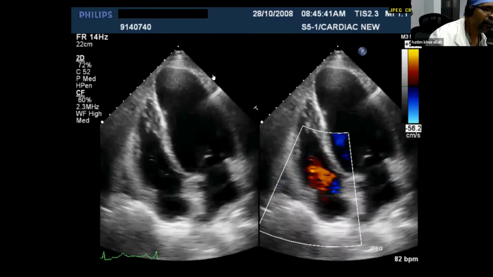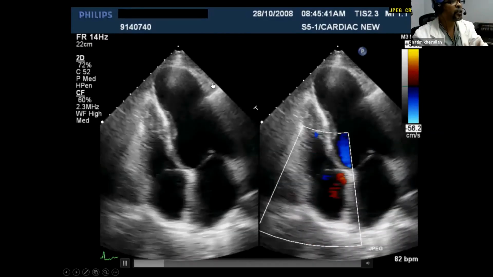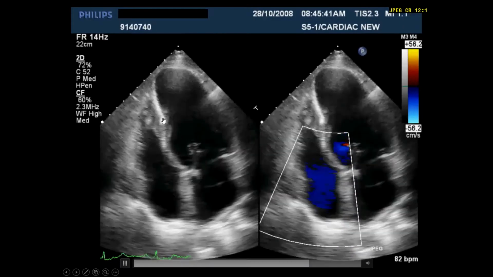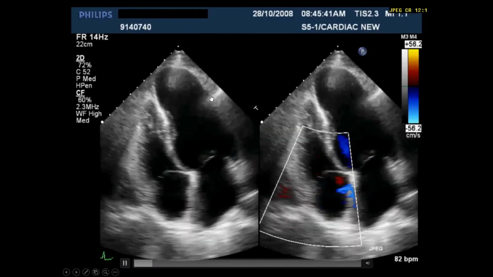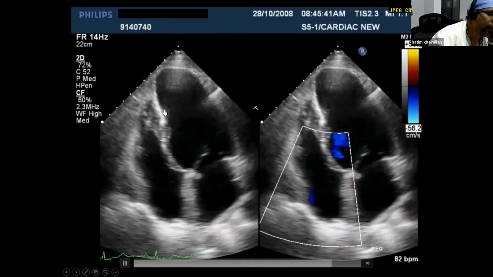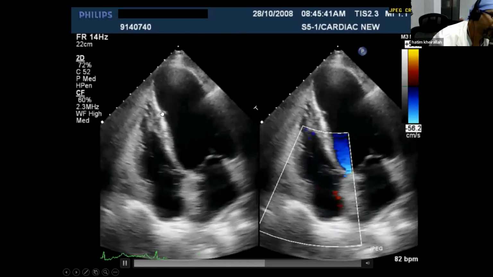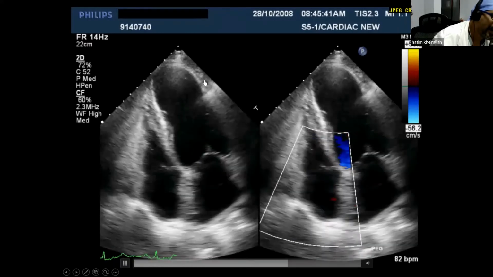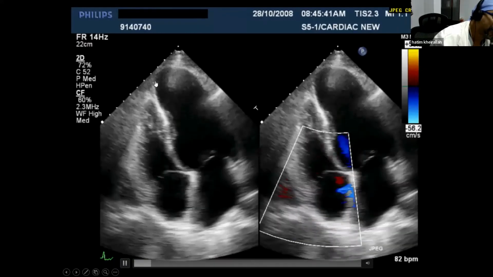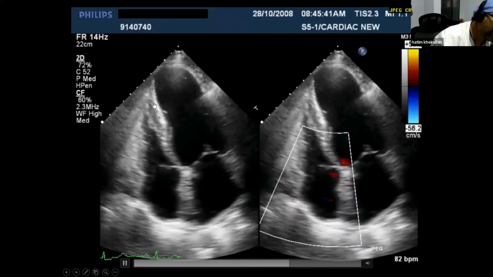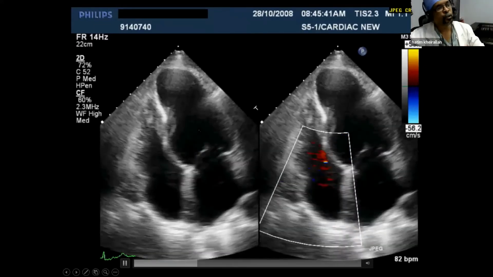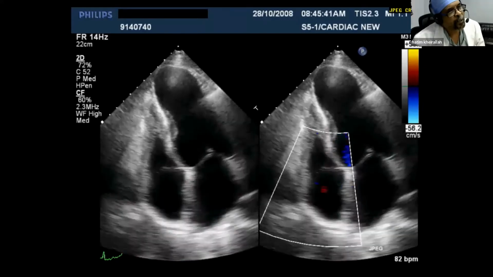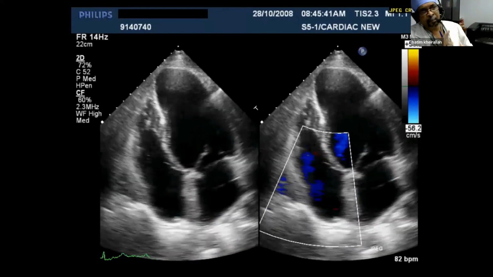It is thinned out and persistently bulging out, and you could appreciate that there is a configuration between the normal walls contracting and the hinge point of the aneurysm. You know, the hinge point from where the aneurysm starts, you can define it here, and there is a persistent bulging out and thinning out of the apex. So this is true aneurysm. This is apical aneurysm. Any description short of this is not precise.